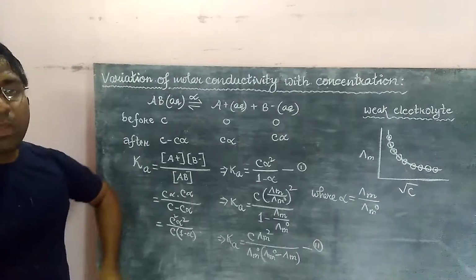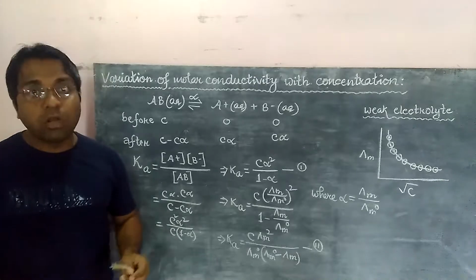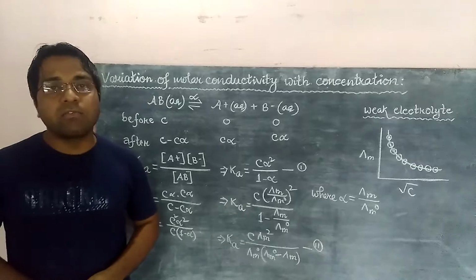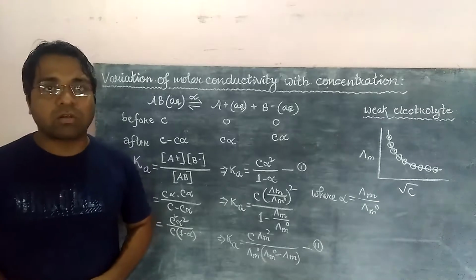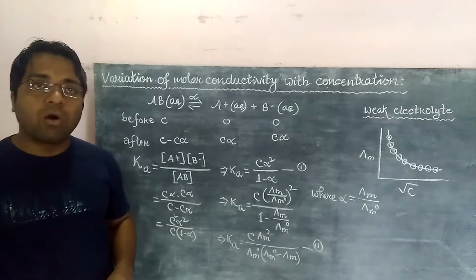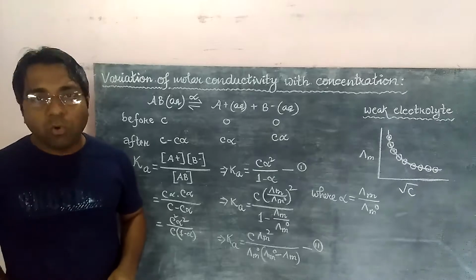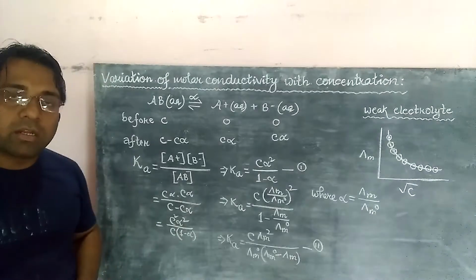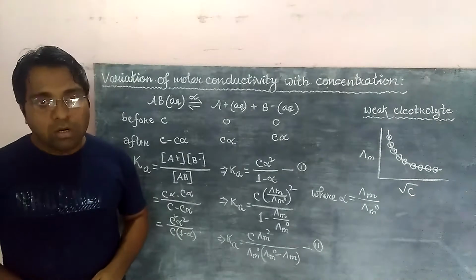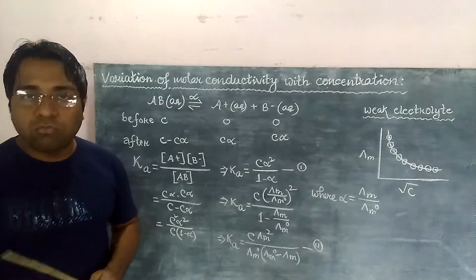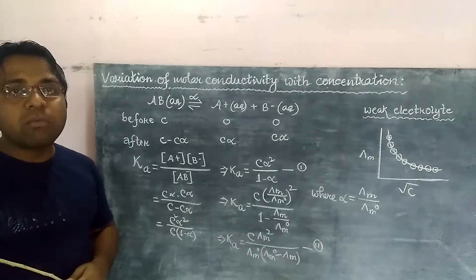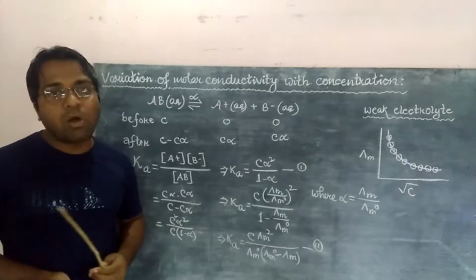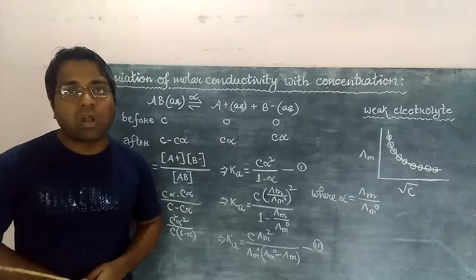Once again, in our previous videos, we learned about variation of molar conductivity with concentration, where we discussed the variation of molar conductivity for both strong and weak electrolyte. And we also learned how to calculate the value of lambda m naught using the graph, and it was possible only for strong electrolyte.